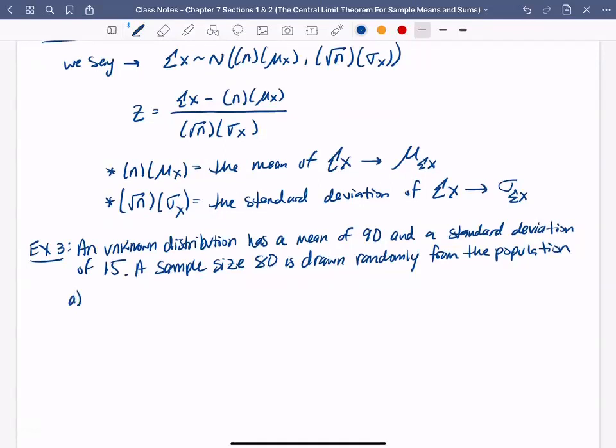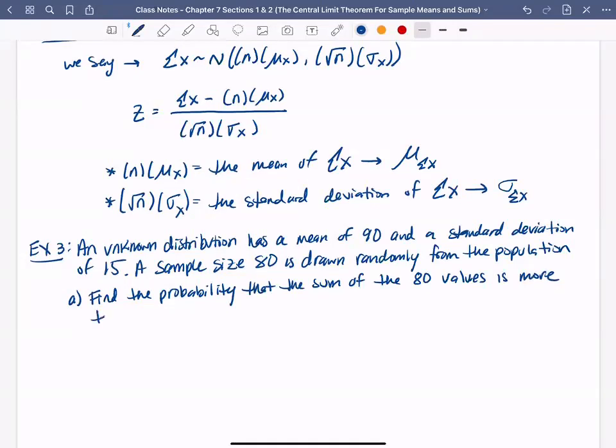So A says find the probability that the sum of the 80 values is more than 7,500.